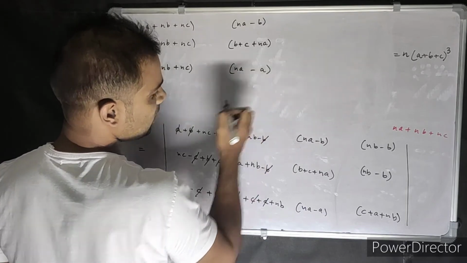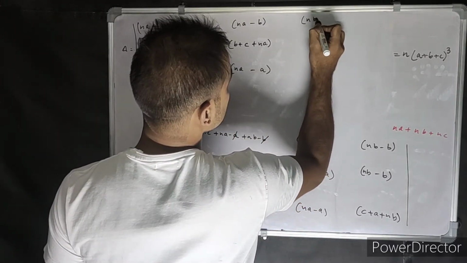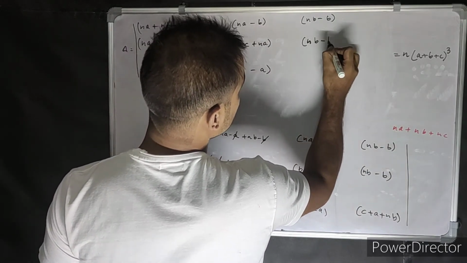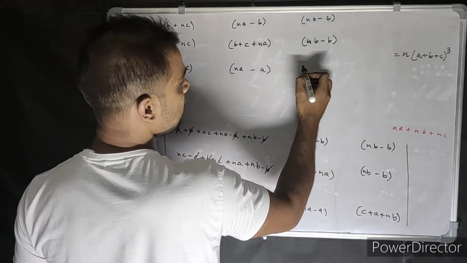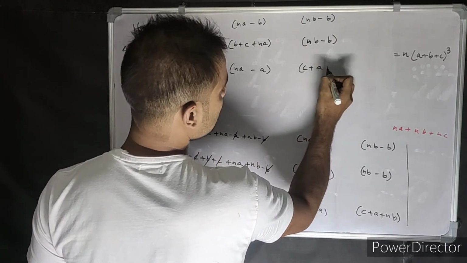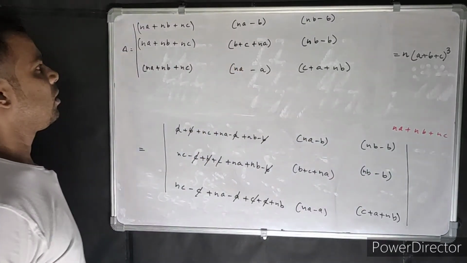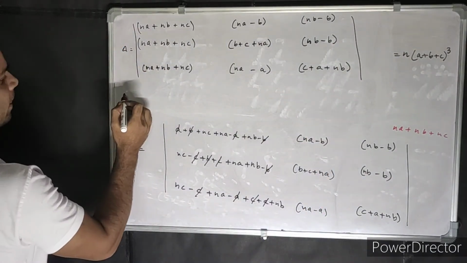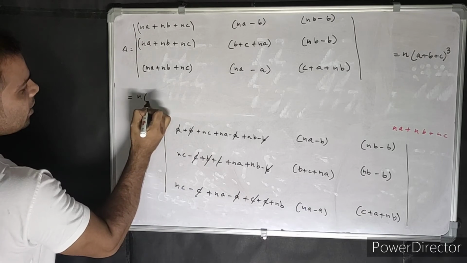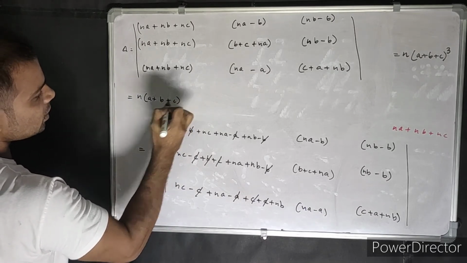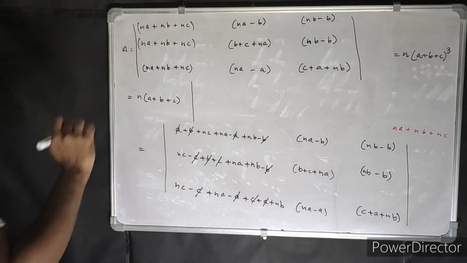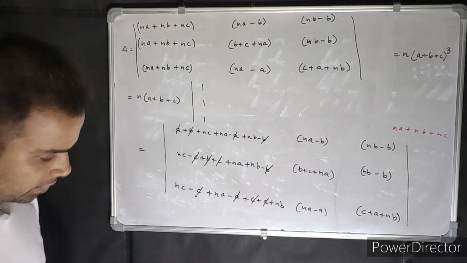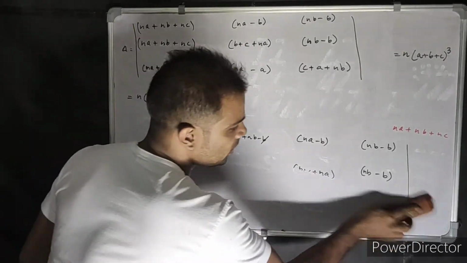Now na minus a, this is nb minus b, because I'm doing it from my work, and since I'm rubbing out and doing it again, I don't have it in front of me, so I'm bound to make mistakes, because I don't have the previous part with me. So now we take out common n(a plus b plus c), take it out like this, so that it matches that. Now you're left with 1, 1, 1. This part is rubbed off, don't get confused. This is gone away. This was the last part.